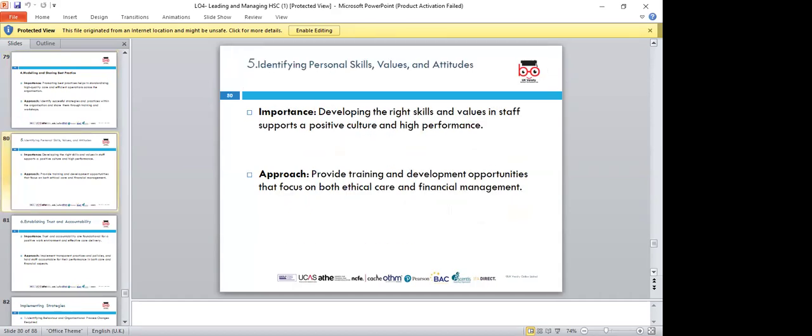The importance will be that you are able to develop the right skills and values in staff and support a positive culture and staff performance. The approach will be that you provide training and development opportunities that focus on both ethical care and financial management.